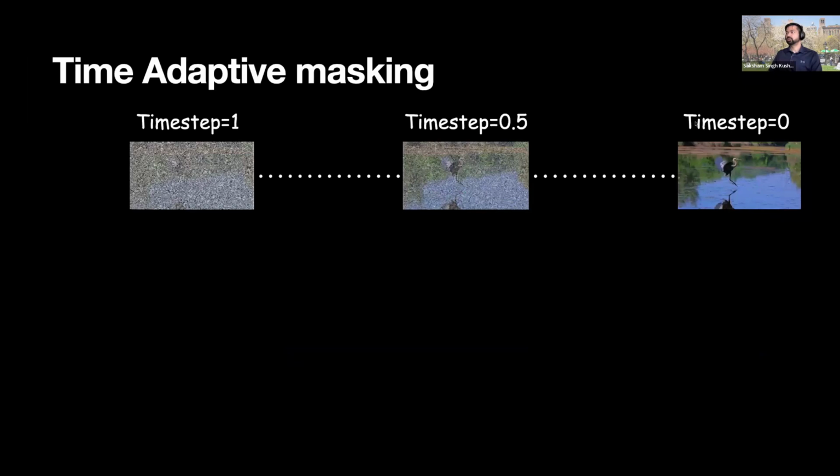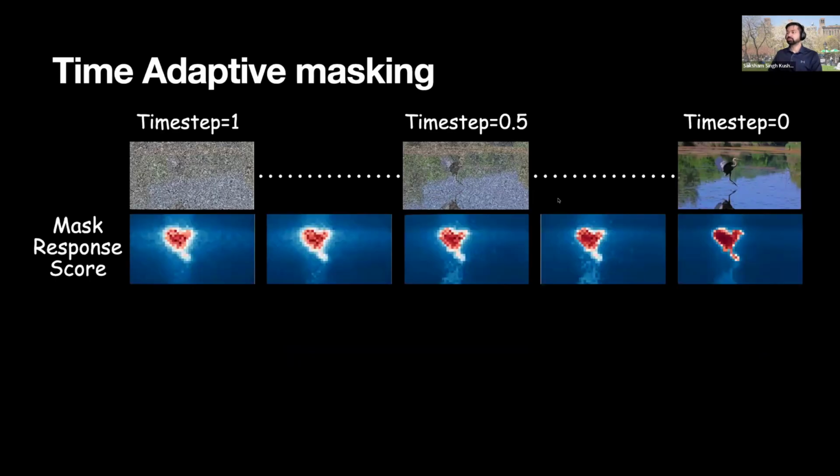When we are denoising, going back from the video distribution to the noise distribution, at different time steps we try to observe how the mask response looks, which is essentially, given this object, what are the patches in the video which are closely related to it.